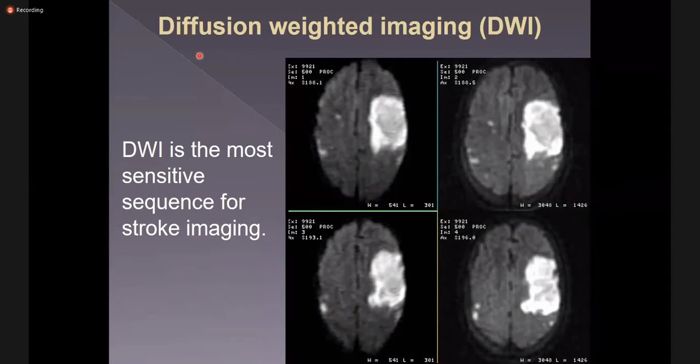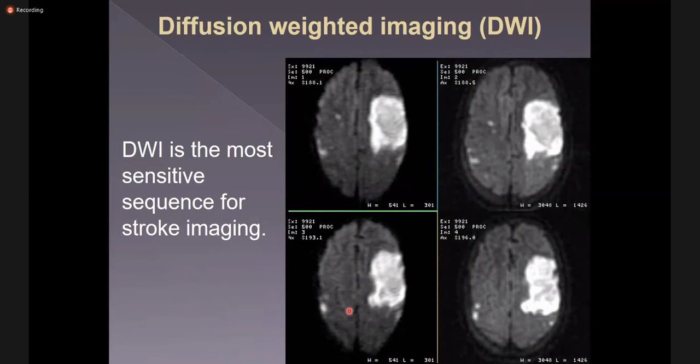Then these are the diffusion weighted images. It is a very important sequence for stroke. Nowadays it is in the stroke protocol; I cannot get a normal diffusion weighted image. The normal diffusion weighted image has only these images. This is the abnormal one, which is high on the DWI.